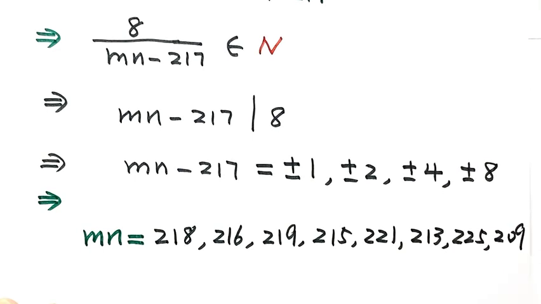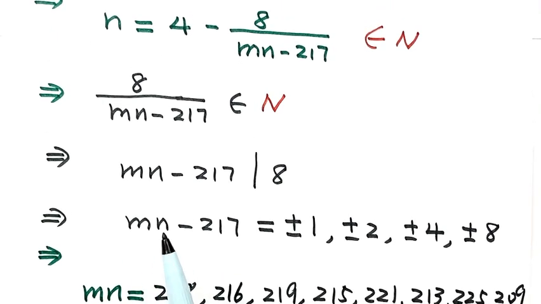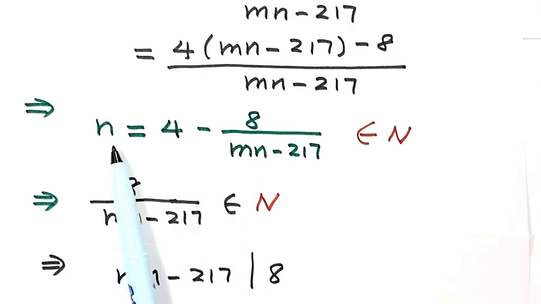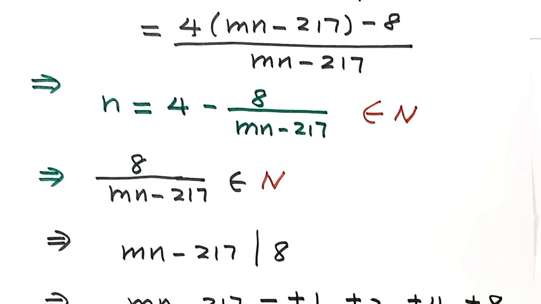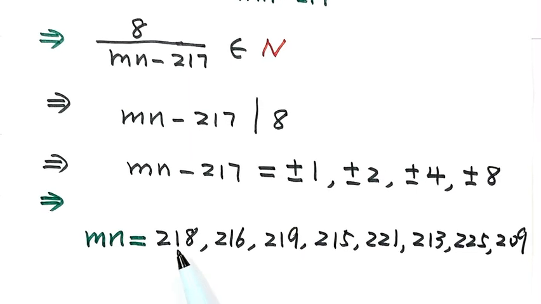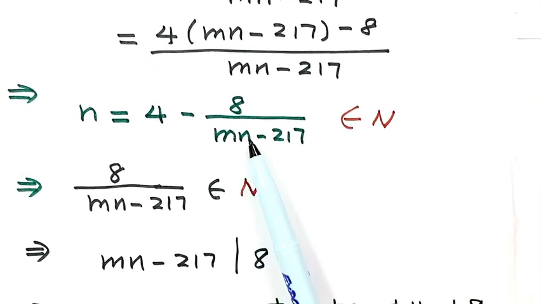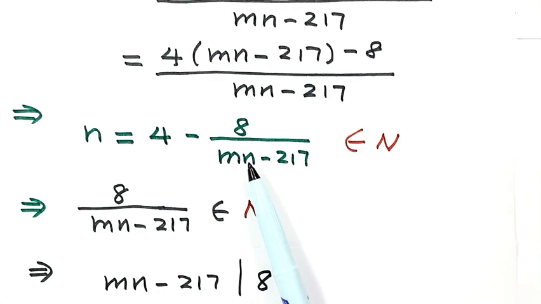Next, we're going to take each value for mn and plug it in to here. Then we solve for n. Okay, so for 218, we plug in here, and we have a solution of negative 4 for n. So then we have the solutions for n.